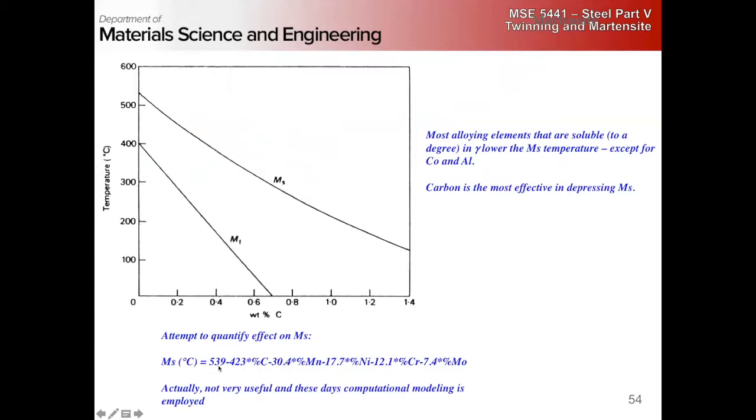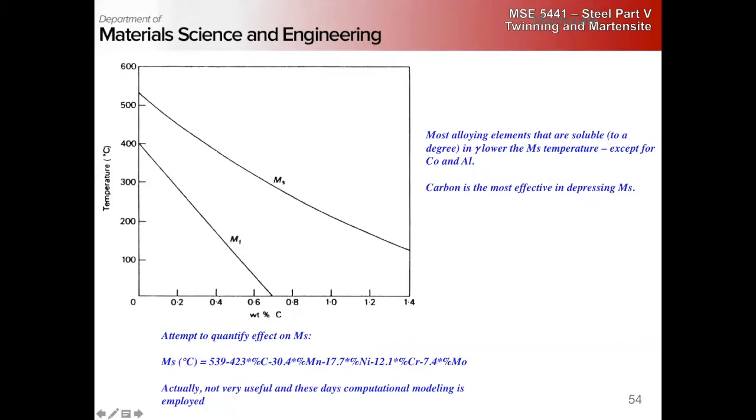And so then you can write a relationship that gives you an approximate martensite start based on the composition. Carbon is the most effective alloying element at depressing the martensite start. So this relationship is highly empirical and highly approximate, and it's not really used anymore, except outside of like teaching, right?